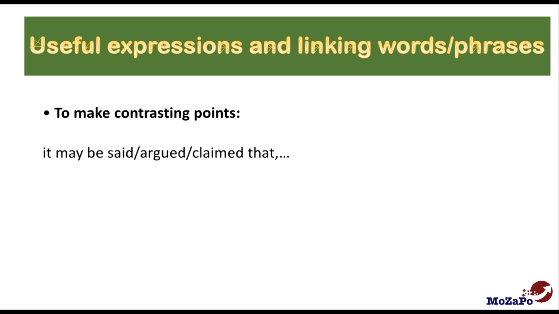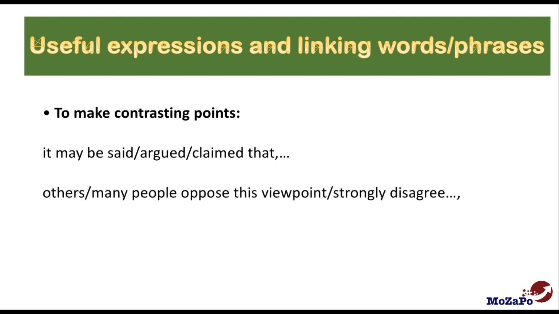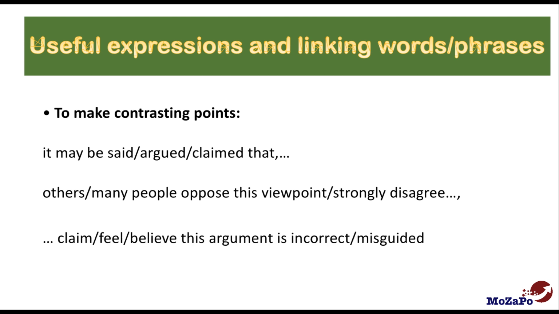To make contrasting points, again, for example, it may be said that, it may be argued that, others oppose this view, other people or many people oppose this viewpoint, they strongly disagree. Again, these phrases show contrasting points. Or here, some people claim or feel, believe this argument is incorrect because blah blah blah.